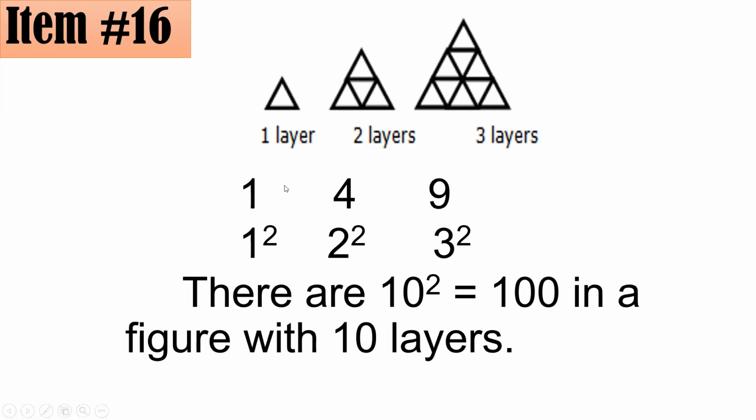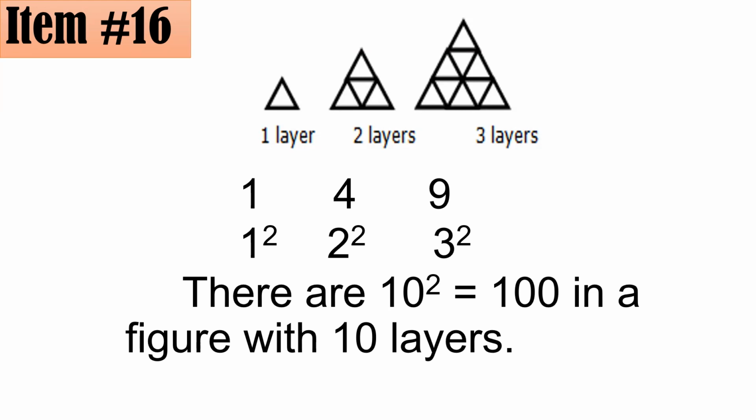So you notice sa 1 layer, 1 squared triangle. 2 layers, 2 squared unit triangles. Sa 3 layers, 3 squared number of unit triangles. So therefore, if we are utilizing the pattern in n layers, there will be n squared number of unit triangles.